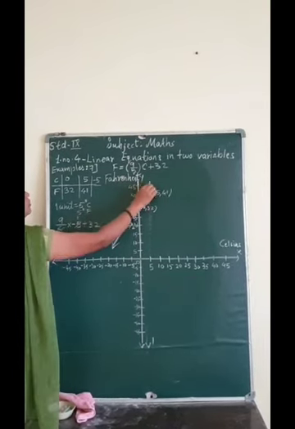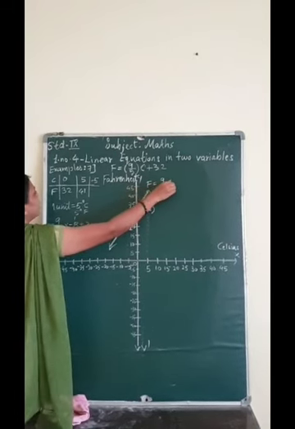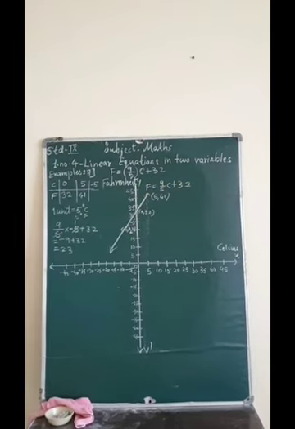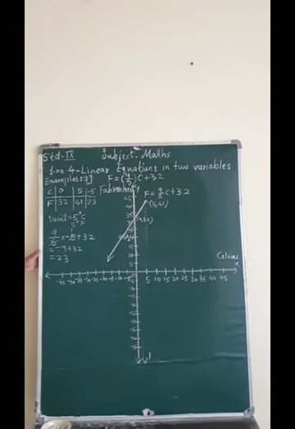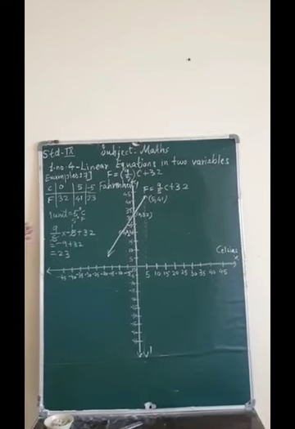And this graph is representing the statement 9 upon 5 C plus 32. I hope you have understood how to draw graphs for linear equations in two variables.